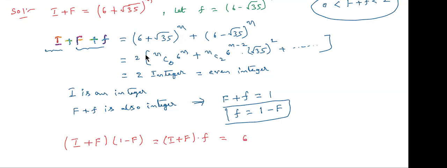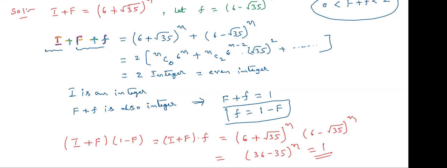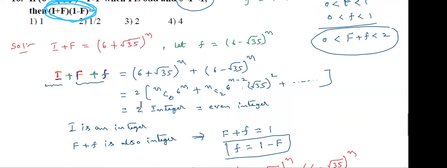I plus capital F value is already given, 6 plus root 35 whole power n. Then what is small f, students? 6 minus root 35 whole power n. See here, powers are equal, so bases multiply. 36 minus 35 whole power n. That value should be 1. 1 is the answer. So which option is correct? First option.